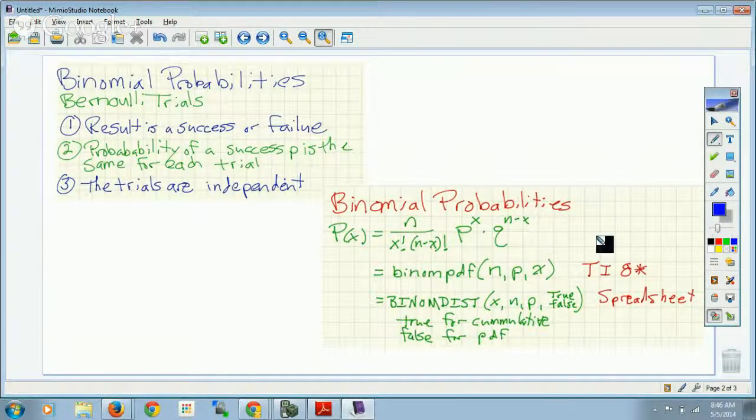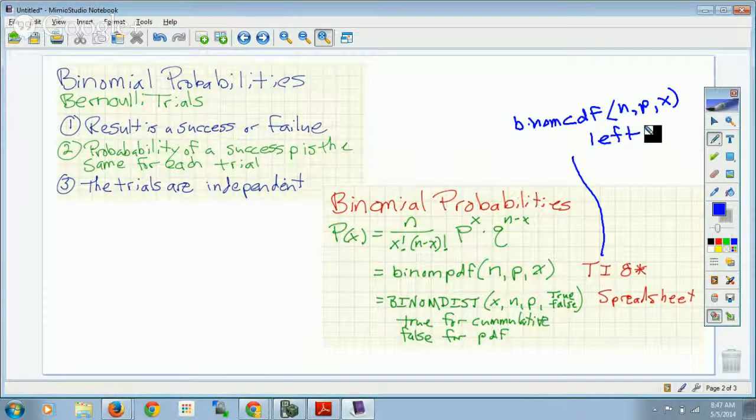So note on the TIs, binomial CDF, same parameters: n, number of trials, p, probability of success, x, the particular number we're talking about. That gives you a left tail of probabilities.